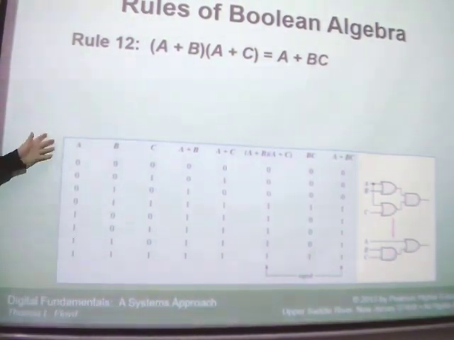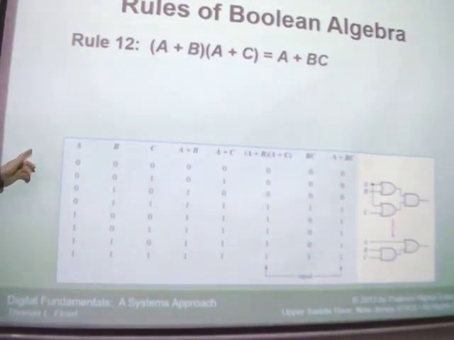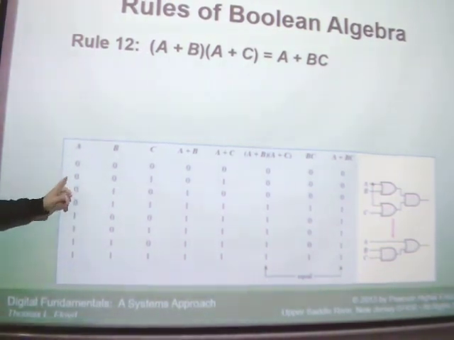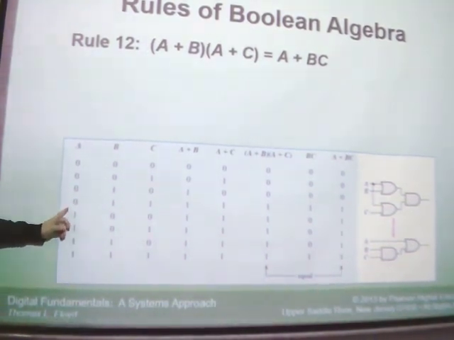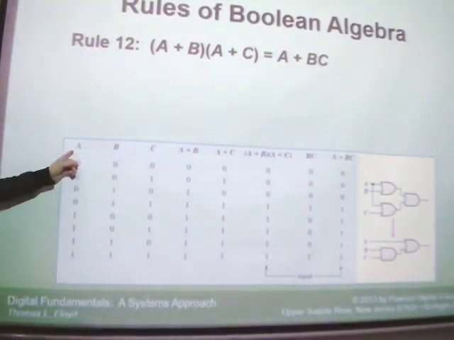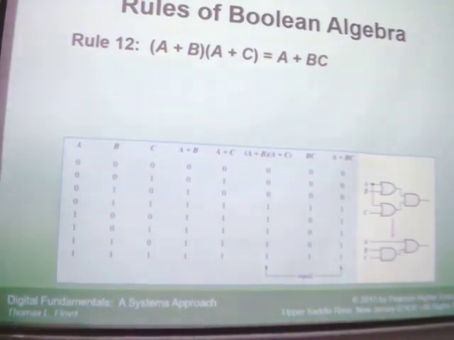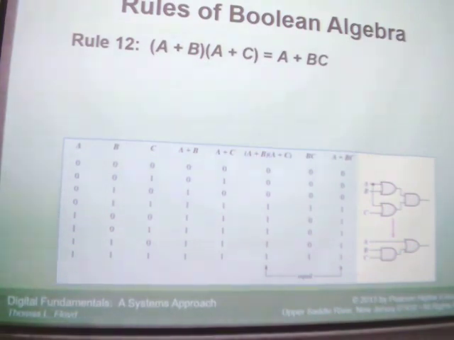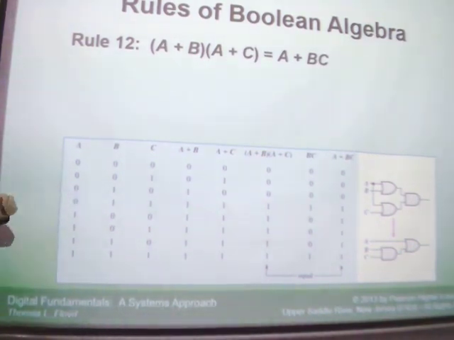In fact, it represents the decimal numbers from 0, 1, 2, 3, 4, 5, 6, 7. So there are eight different combinations, not 9, 8 different combinations.